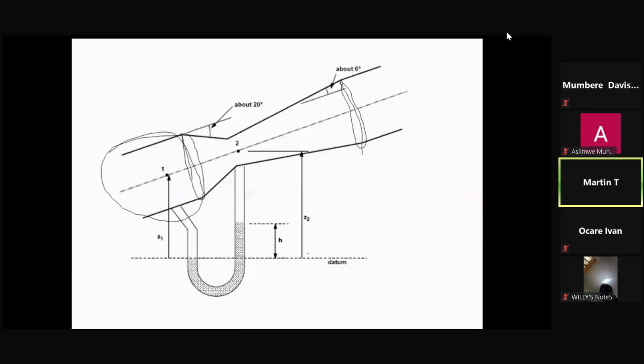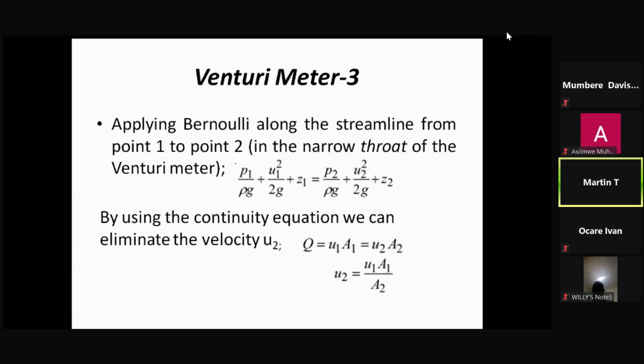Meaning that the discharge at cross-section area 1 is the same discharge going out at cross-section area 2. The velocities are different because the cross-section areas are different, but the discharge remains the same.